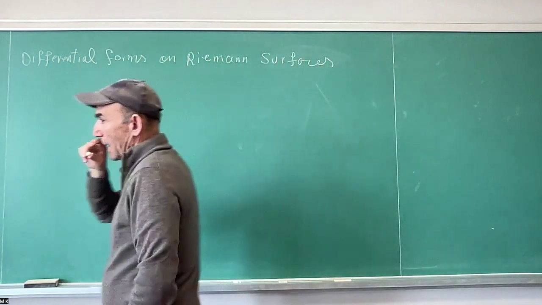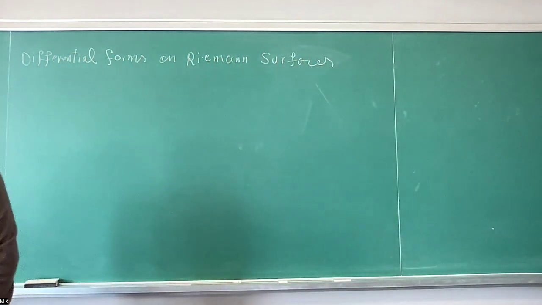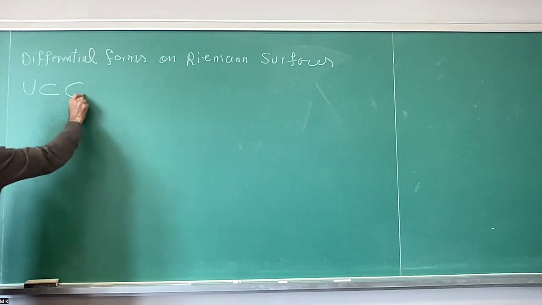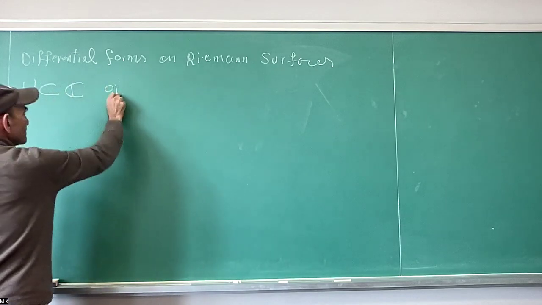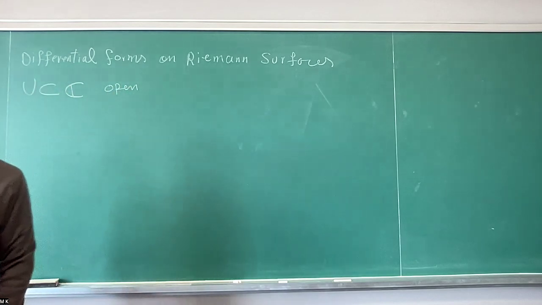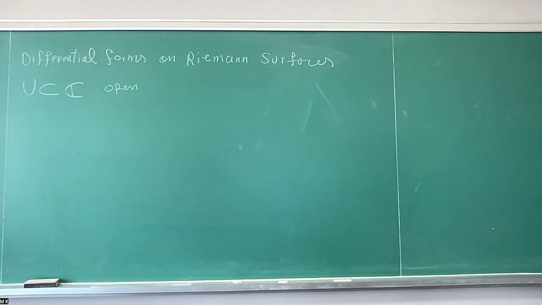As a prototype of this situation, we took an open subset of C to start with. This is open, and because an open subset of C is a real manifold also, for real manifolds I defined the de Rham complex, right?